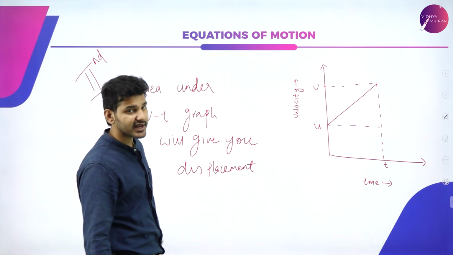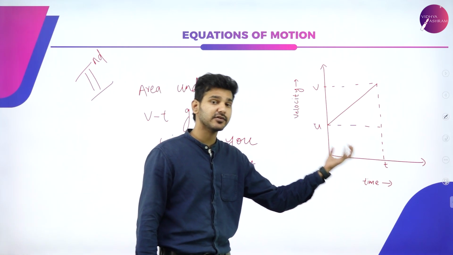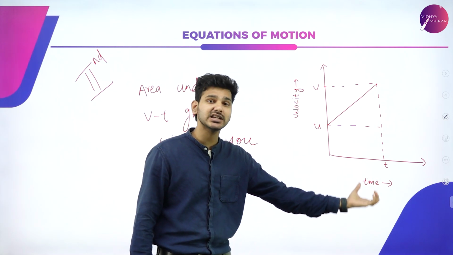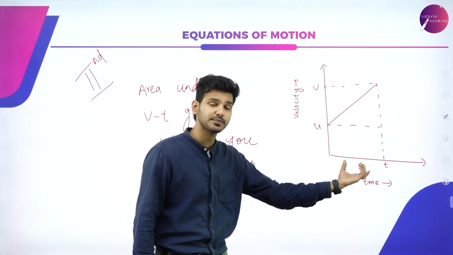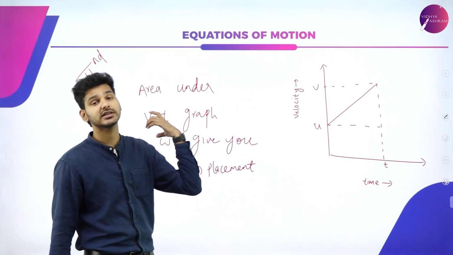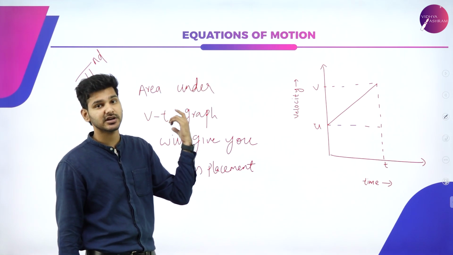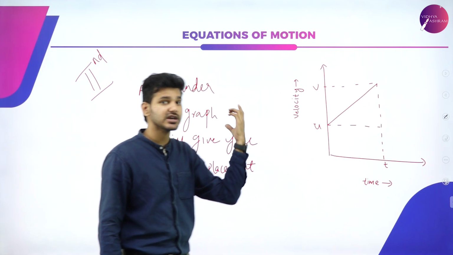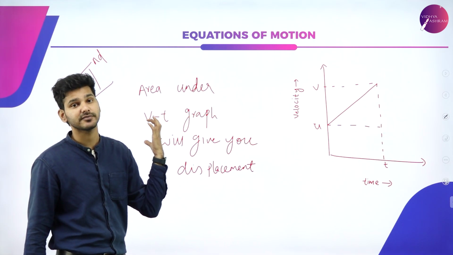Remember when I told you that area under the graph will give you the previous quantity. That is, in this particular case, it is a velocity time graph. Area under this particular graph will give you the previous quantity, that is displacement. Slope will give you the very next quantity, that is acceleration. So here, area will give you displacement.